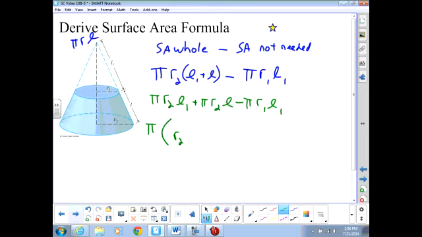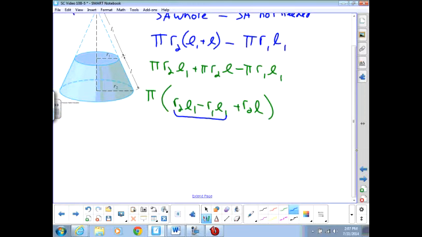So we'll have R2 L1 minus R1 L1 plus, sorry, not pi R2, R2 L. We took the pi out. Well, in here, we can pull an L1 out. So we'll have pi times L1 times R2 minus R1 plus R2 L.